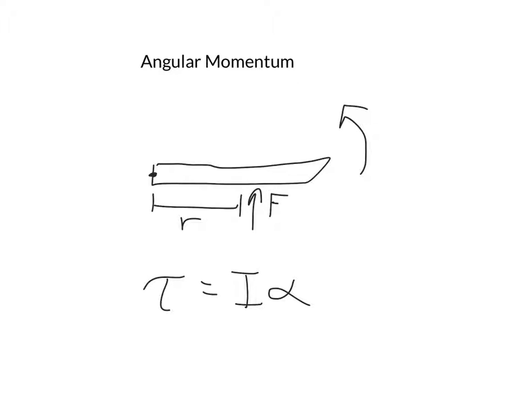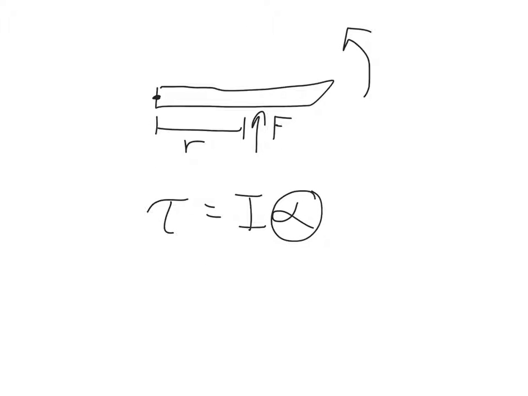Well, we can break that down by this alpha here. We have an equation for alpha. Alpha was a change in angular velocity divided by the time period, so the rate of change of velocity with time.